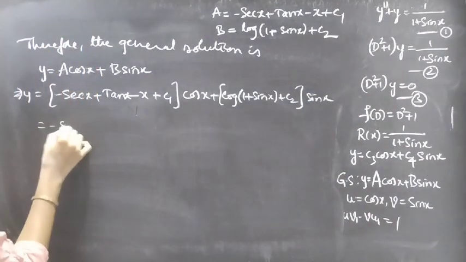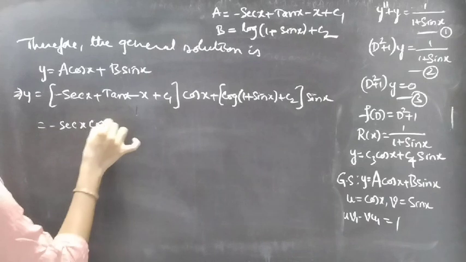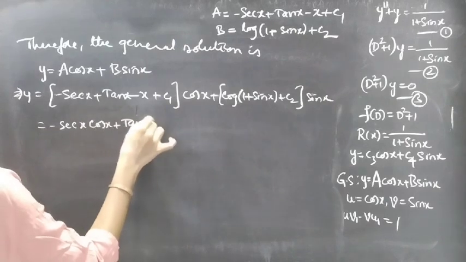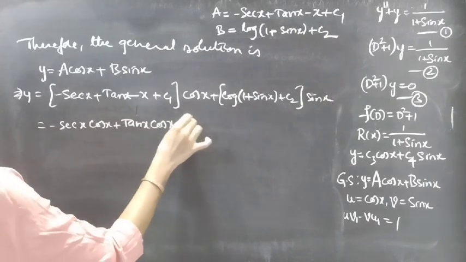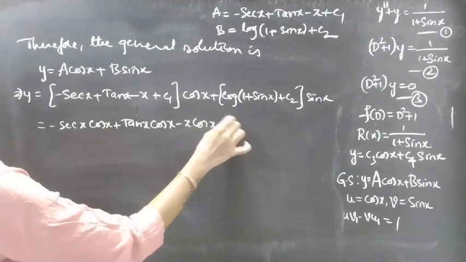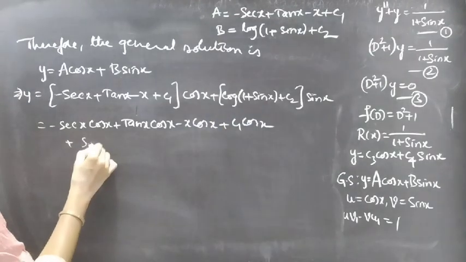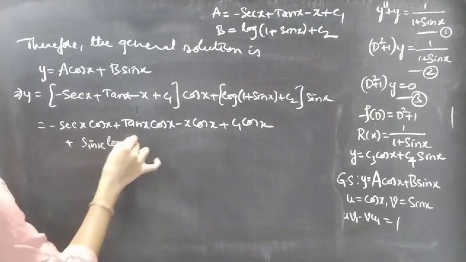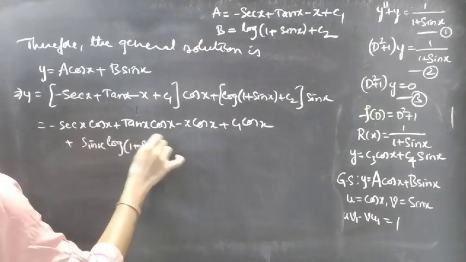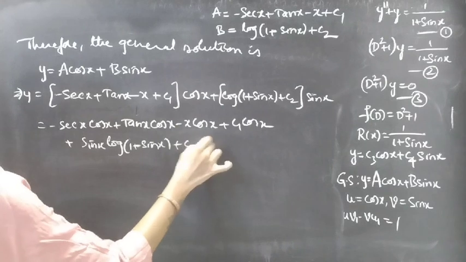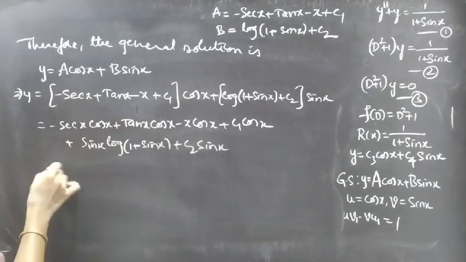This gives us minus secant x cos x plus tan x cos x minus x cos x plus c1 cos x plus sin x log of 1 plus sin x plus c2 sin x, right?